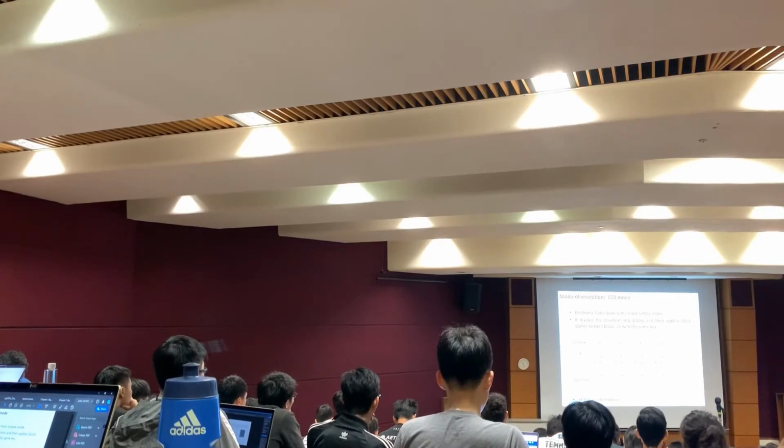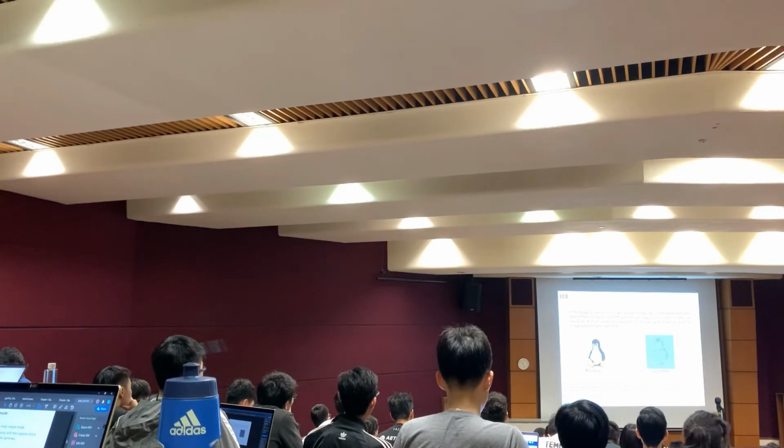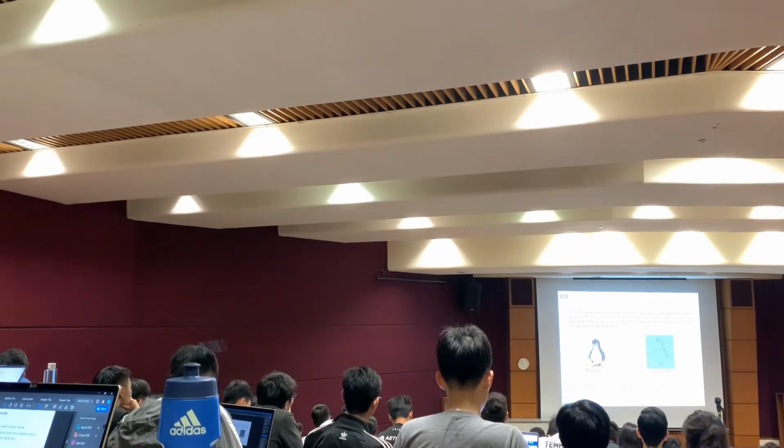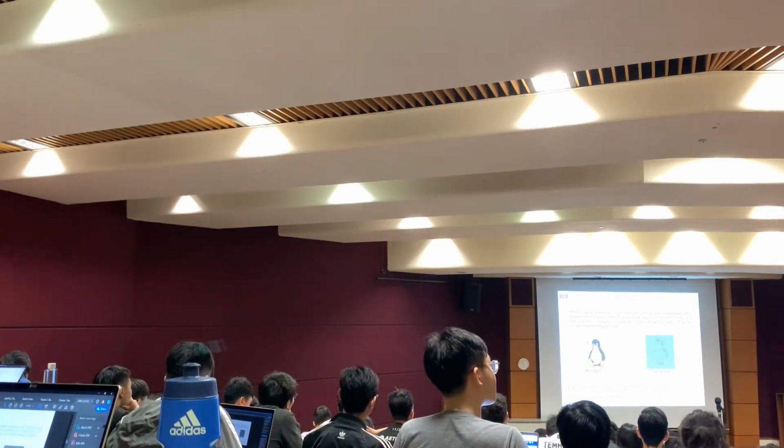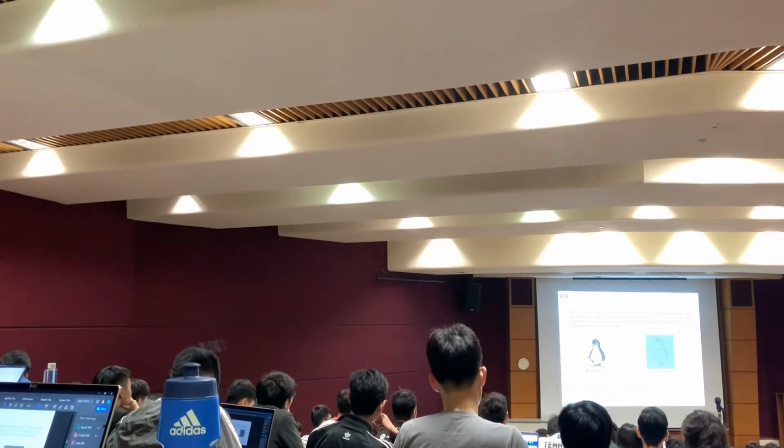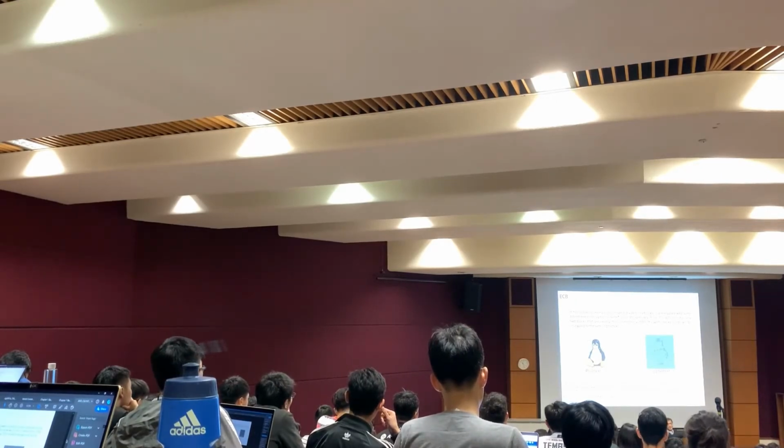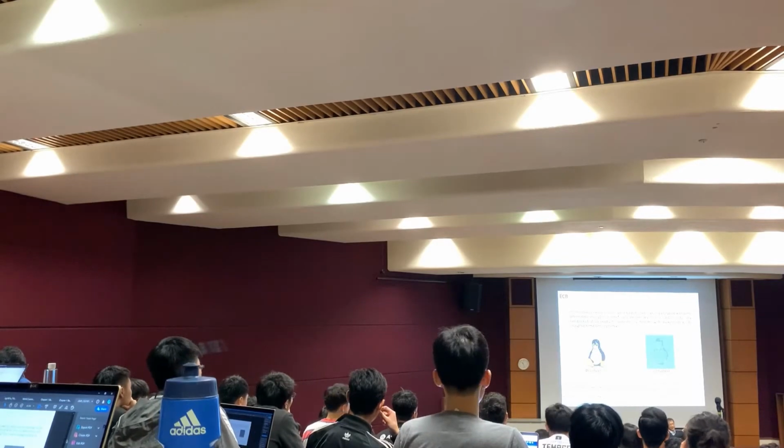To see why, look at these pictures. This is a penguin. Let's assume that this is a big message. Every pixel has three colors, RGB.